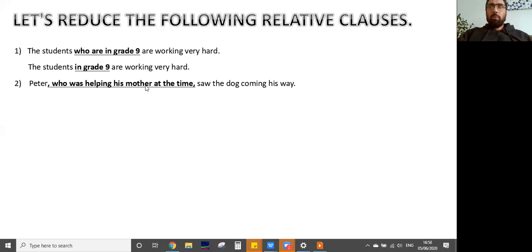Now let's look at number 2. Peter, who was helping his mother at the time, saw a dog coming his way. So how can we reduce number 2?